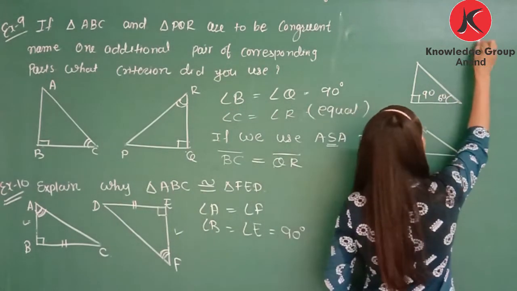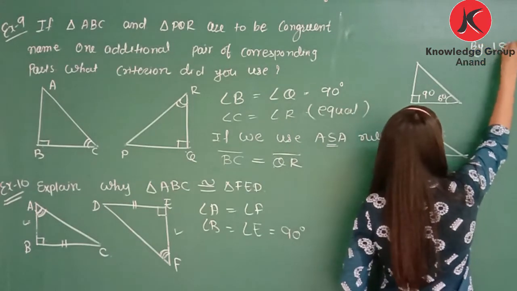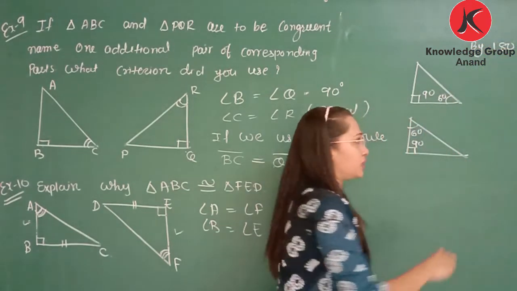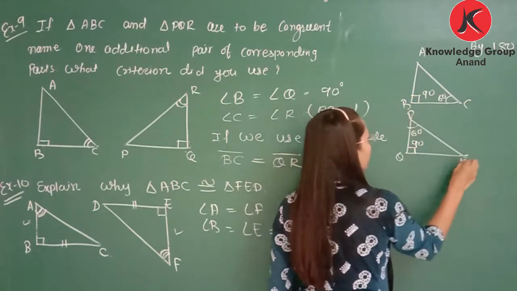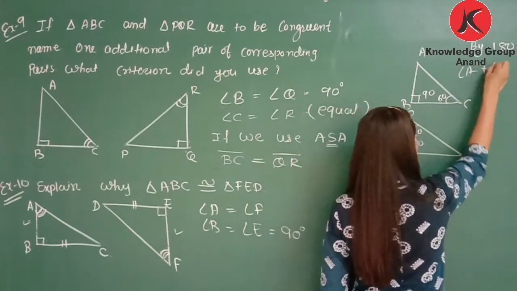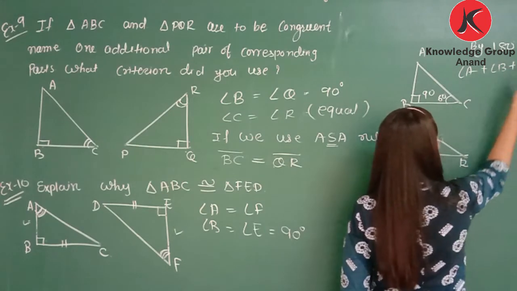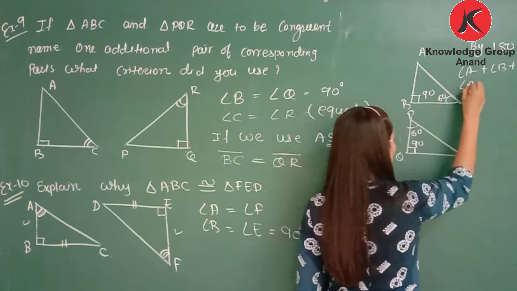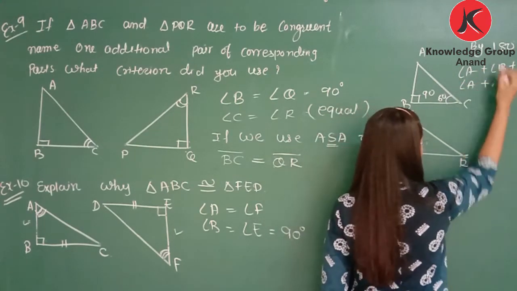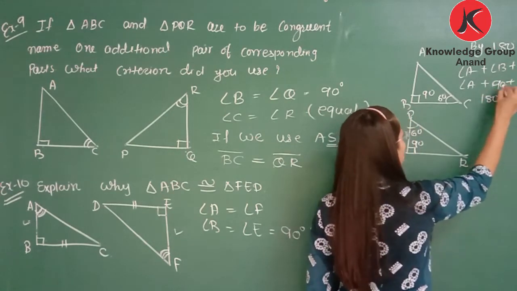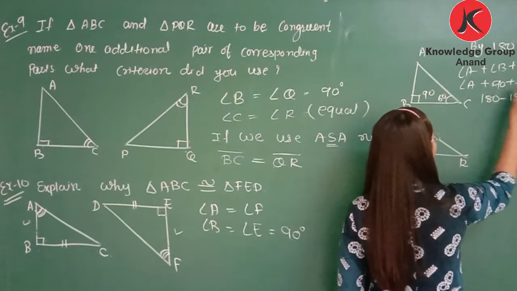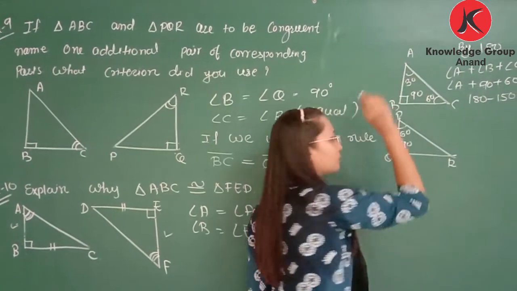Because by the 180 angle sum property. If we consider this as ABC and this as PQR, angle A plus angle B plus angle C. Angle A not given, B is 90 and C is 60. So 180 minus 150, so the angle is 30 degree.